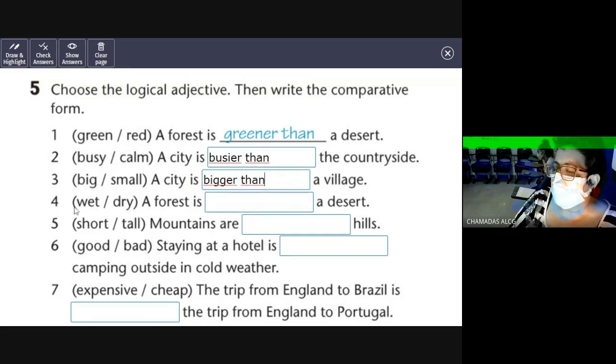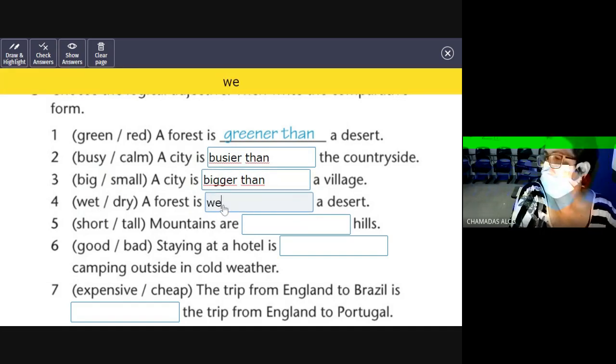Now number 4. A forest is wet. Okay, the first one. Here we have CVC, wetter. So you have to double the T, okay?